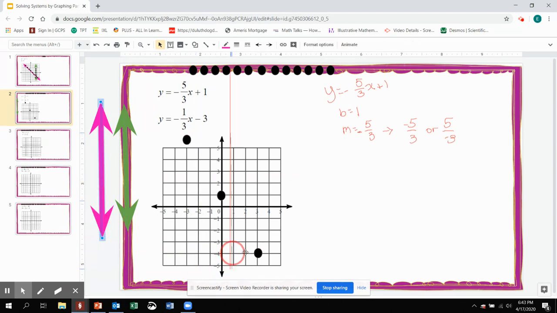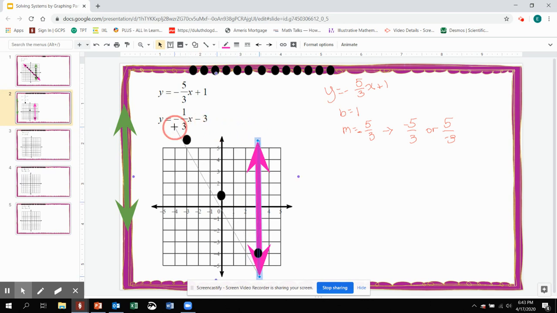Now I can connect these points with my line. I'm not doing a good job of it, but there it is.